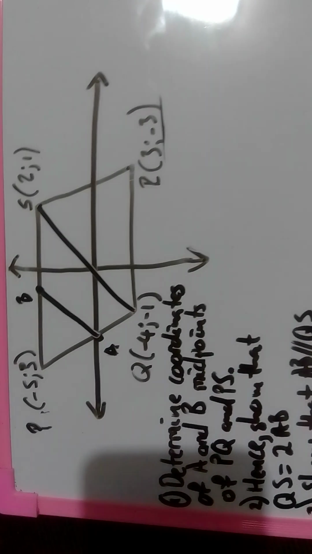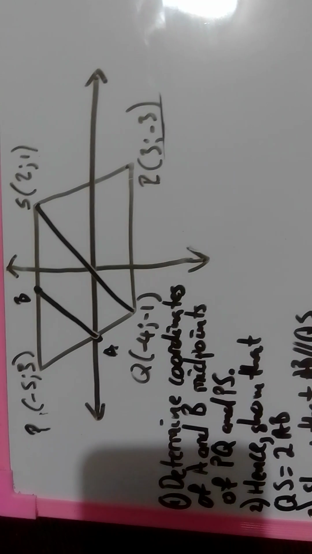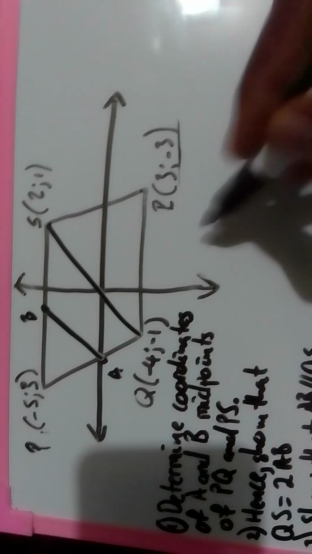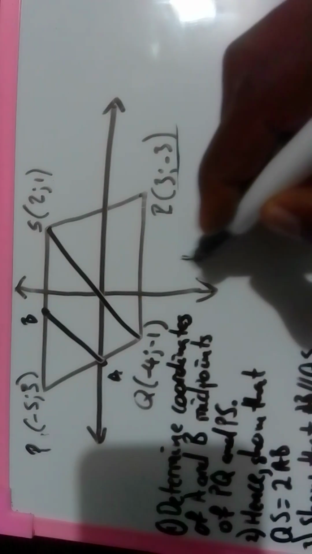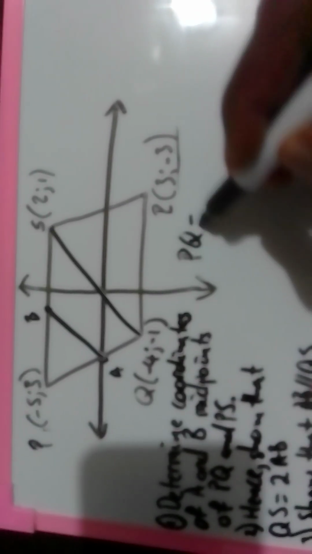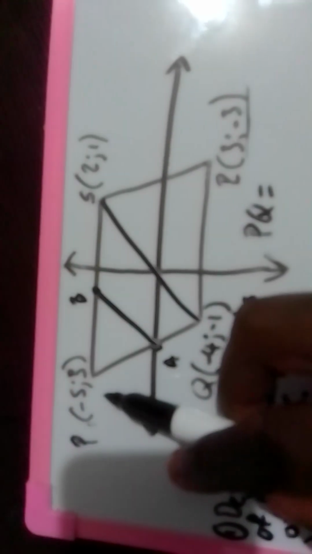Alright, so we're going to start with the coordinate for the midpoint of line PQ. So we say PQ is equal to, when you're calculating the midpoint, you say this coordinate plus that coordinate, the x coordinate, which is -5.